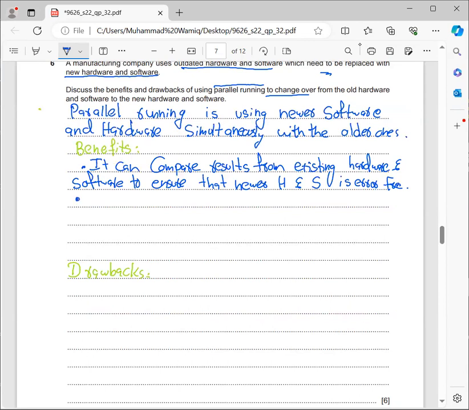The second point, you can say that if any error occurs in the newer hardware and software, it can be corrected.